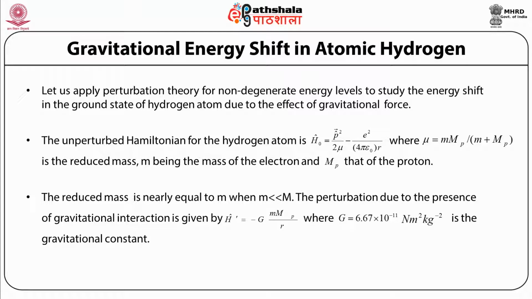The perturbation due to the presence of gravitational interaction is given by H' equals minus G m M_P/r, where G equals 6.67 times 10 to the minus 11 newton meter squared per kg squared is the gravitational constant.